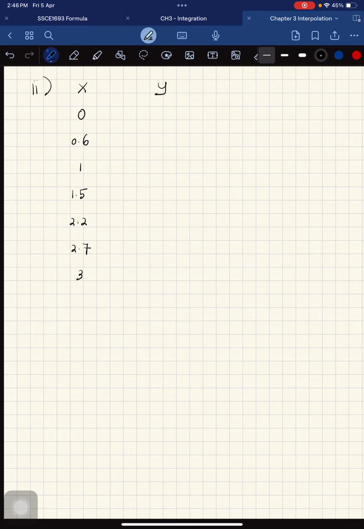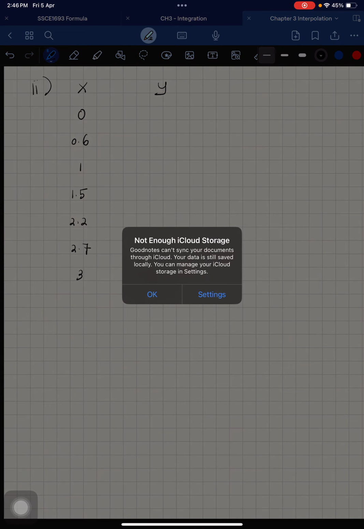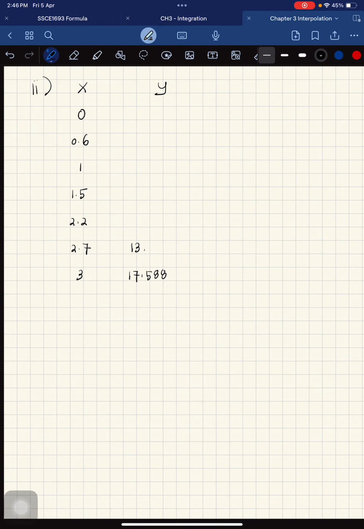For y, we have 17.588, 13.976, 9.52, 3.7962, 1.02, 0.6998, and then 0.7596. So estimation of y.